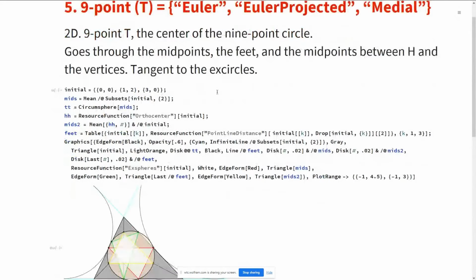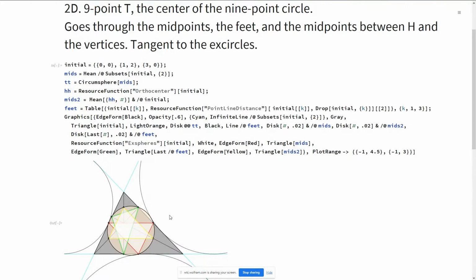This is the 9-point circle. You can look at the altitude points, the feet of the altitudes in green. You can look at the midpoints in red.